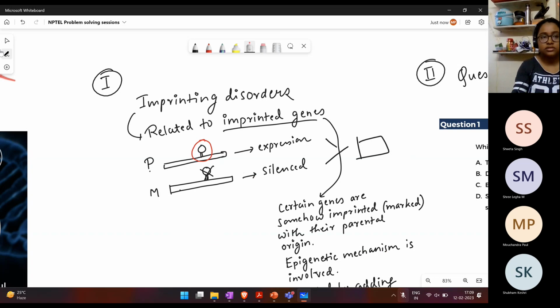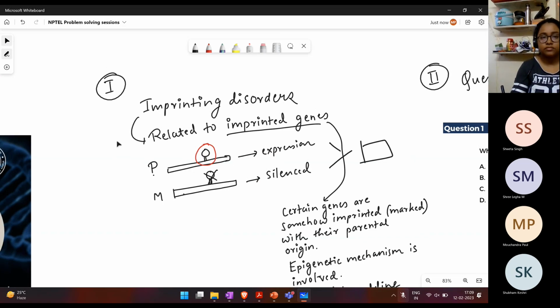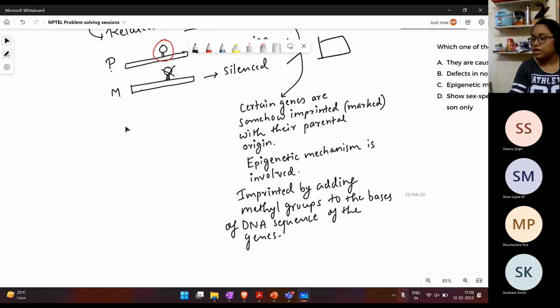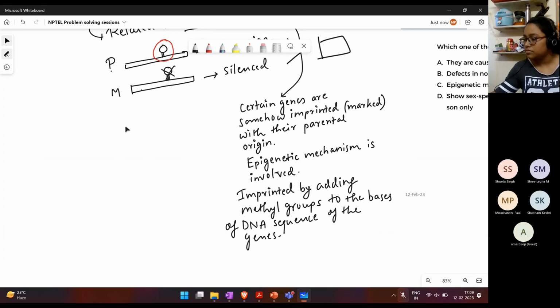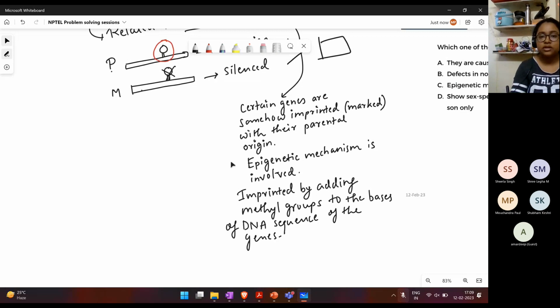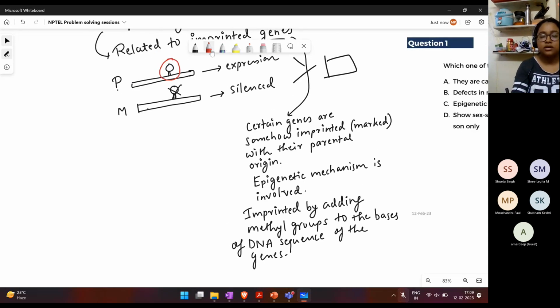One thing to notice: imprinting is happening because of the involvement of an epigenetic mechanism. What is epigenetics?